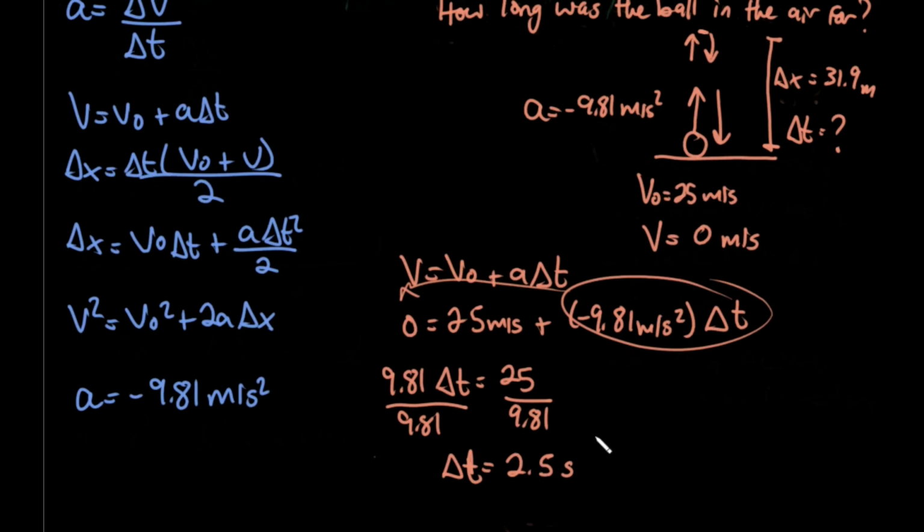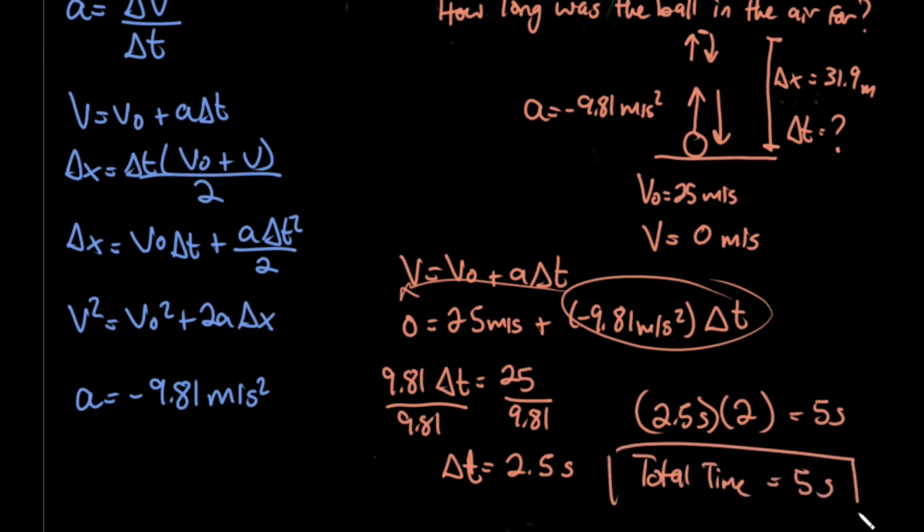So now we need to take our delta t, which is 2.5 seconds, and multiply it by 2 because it goes up and then it comes down. So our total time will actually be equal to 5 seconds.